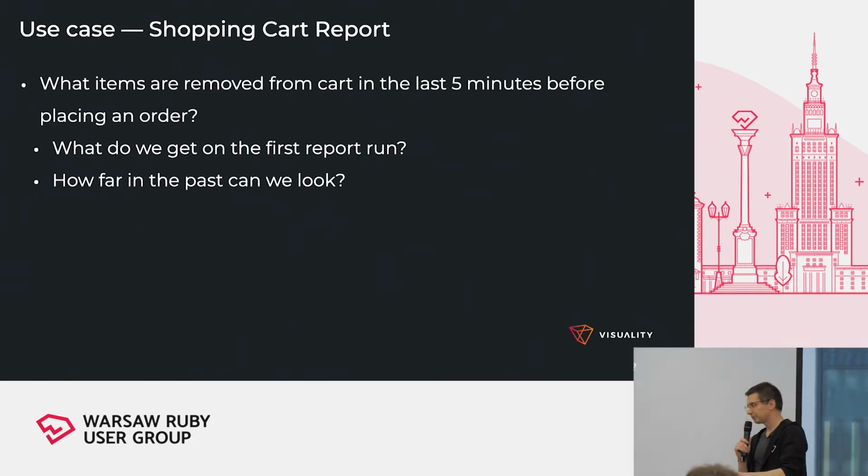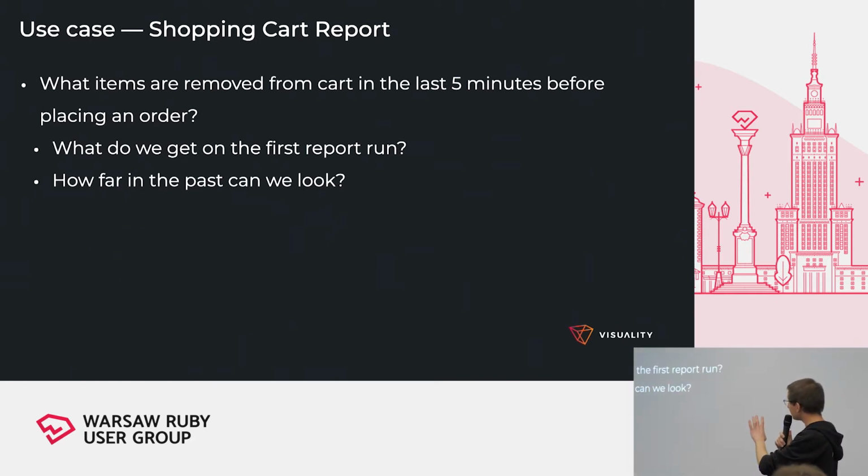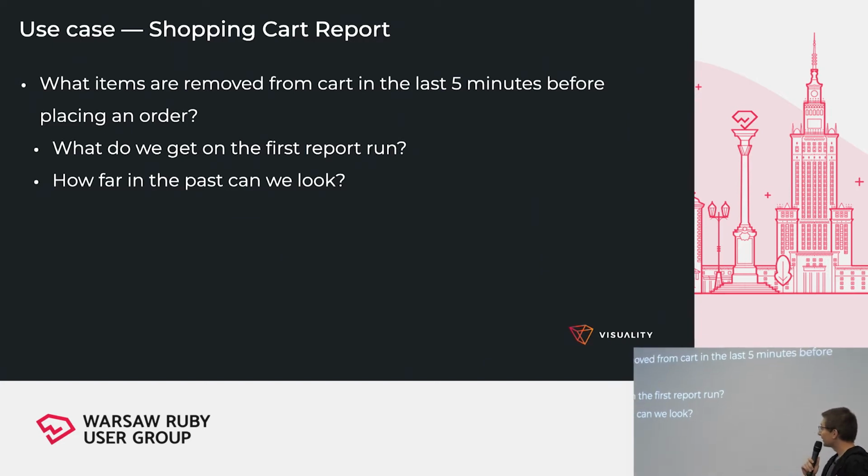So let's imagine your boss sees this and goes to you and figures out that, hey, that kind of report, what was removed from our cart 5 minutes prior to finishing the order, maybe that has some information, let's create it. But forget about this event sourcing thing.